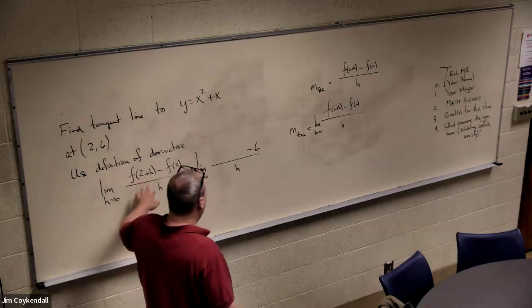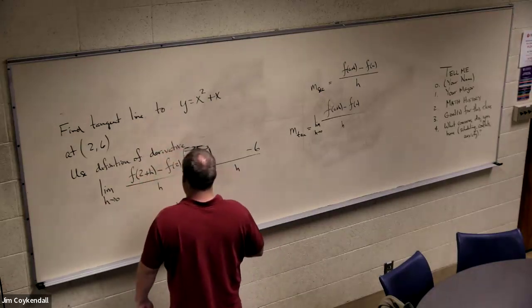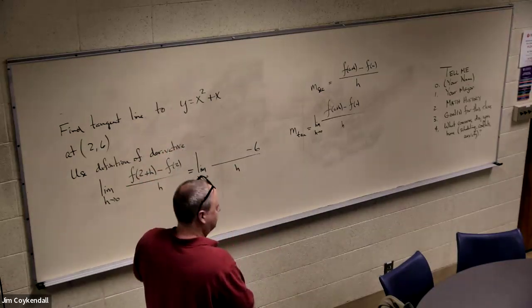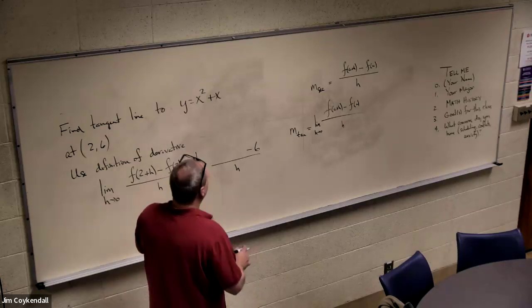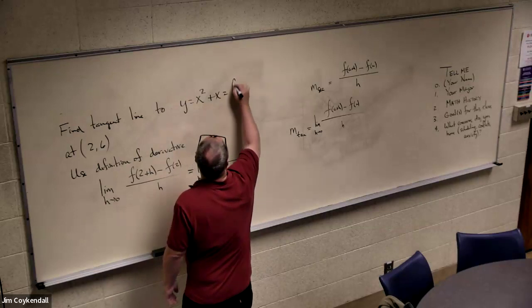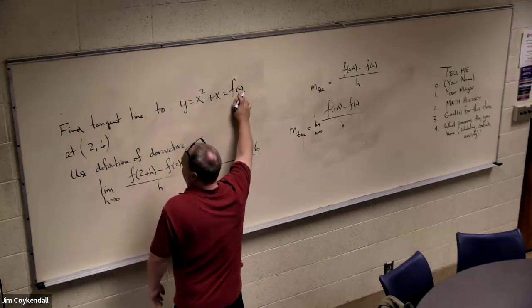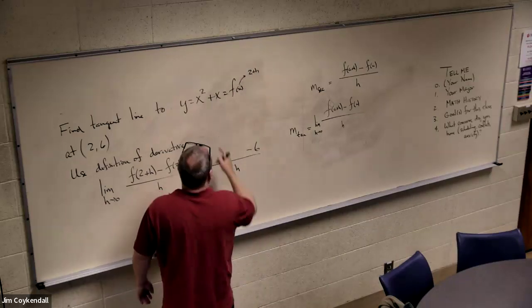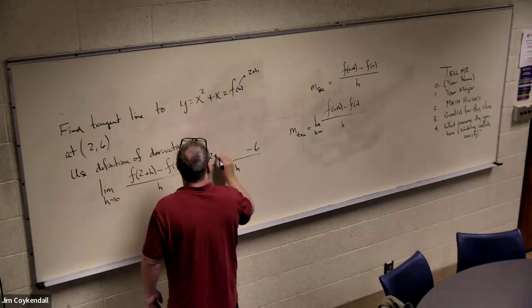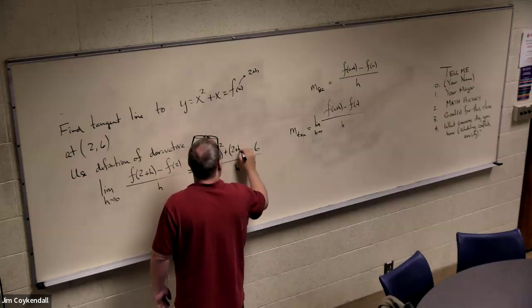Here's the trickier part. What is f of 2 plus h? Now, unfortunately, it's a little bit more complicated. This is f of x. Now I've got to replace every x with 2 plus h. So it's actually 2 plus h squared plus 2 plus h.